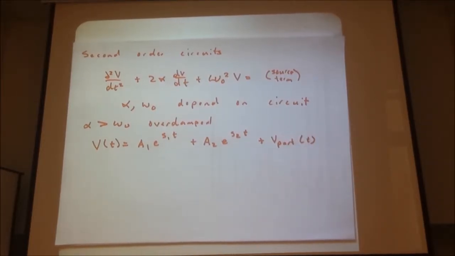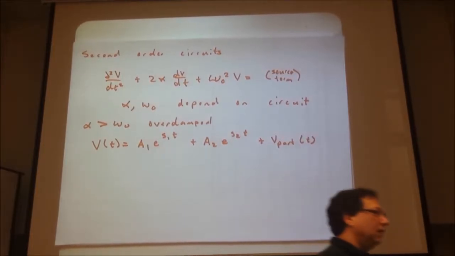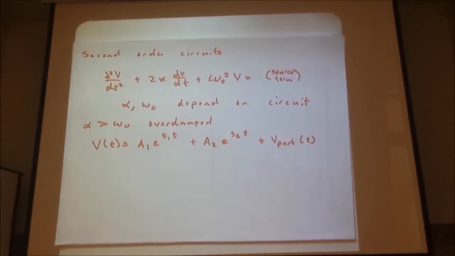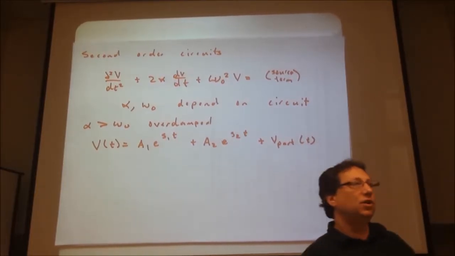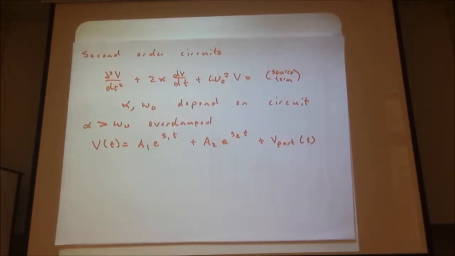And the particular solution again depends on the source. As we've looked at our step function source so many times, and we'll continue to do so, that's going to be a constant. So for our step function, that's going to be constant. But we've seen cases where that was not a step function source. We did a small problem like that in the last homework, and we'll look at it again. But for the large part, we'll do step functions just because we can do them in a reasonable amount of time.